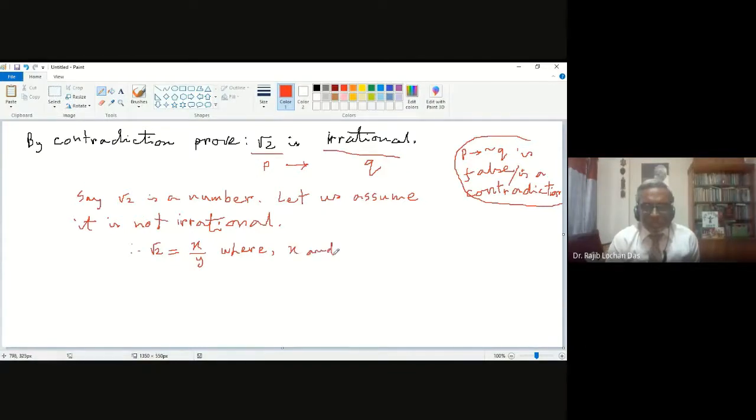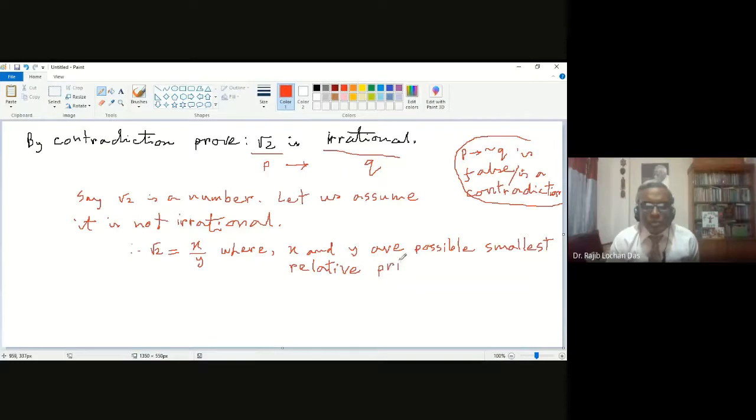x and y are possible smallest relative prime. So this is the main thing actually.